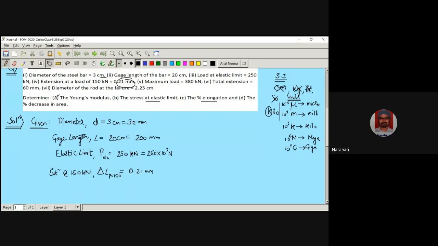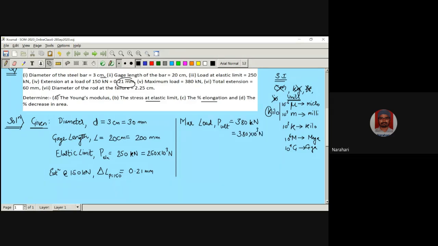Then I will write the other things here so that I can have the question in my view, or rather in your view. Maximum load, P ultimate, is 380 kilonewton. That K that I have written is small. So it is 380 into 10 to the power 3 newtons.